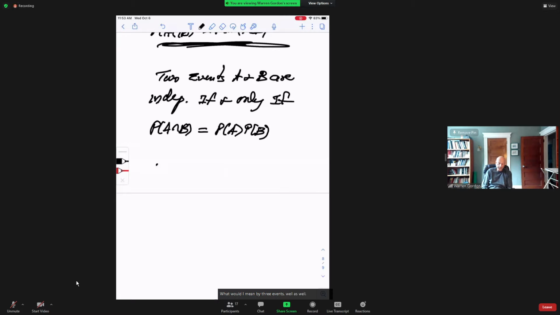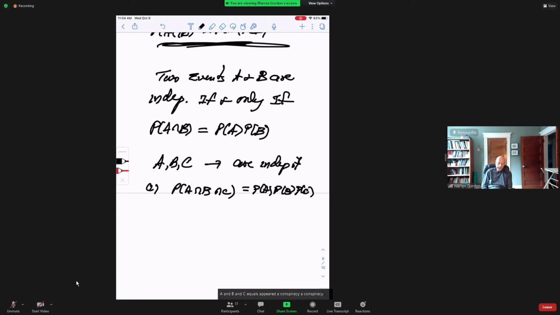Well, suppose I had events A, B, and C. These are independent if, one, P of A and B and C equals P of A times P of B times P of C. Two, P of A and B, and so on: not only all three, but all two as well.